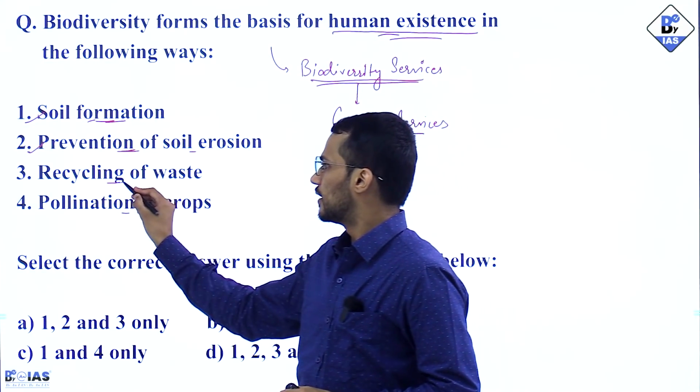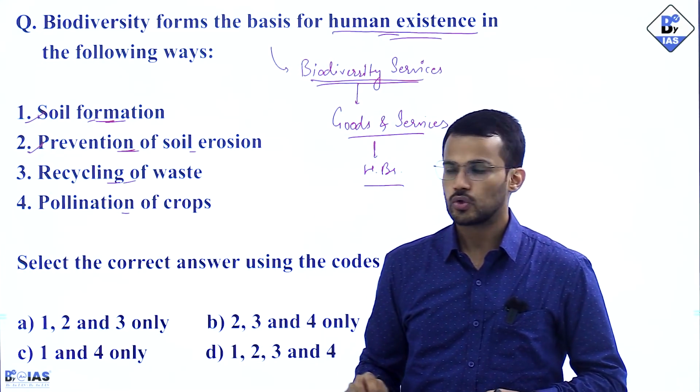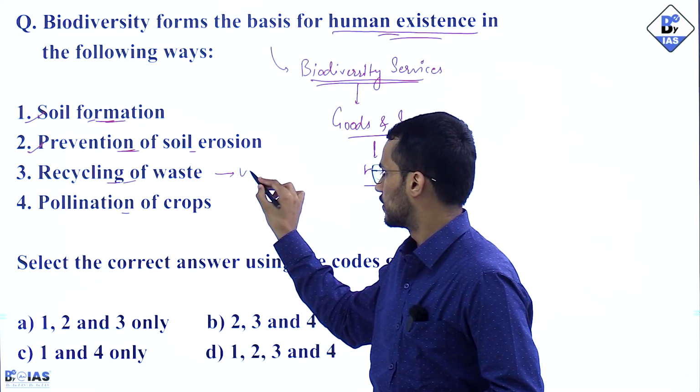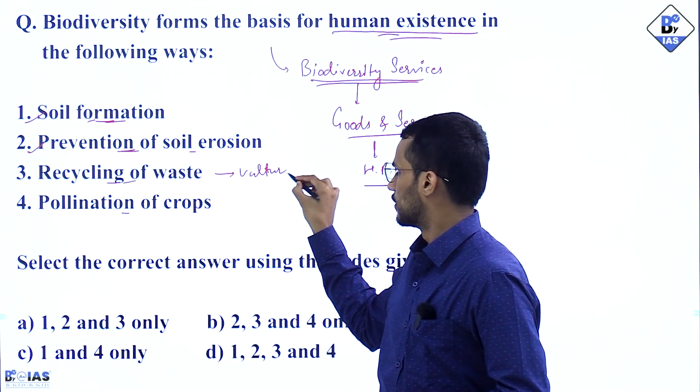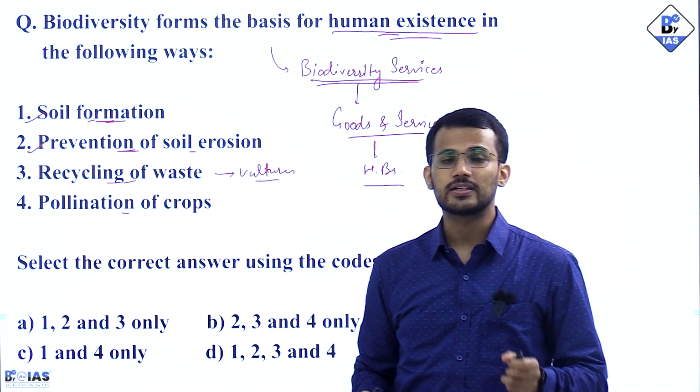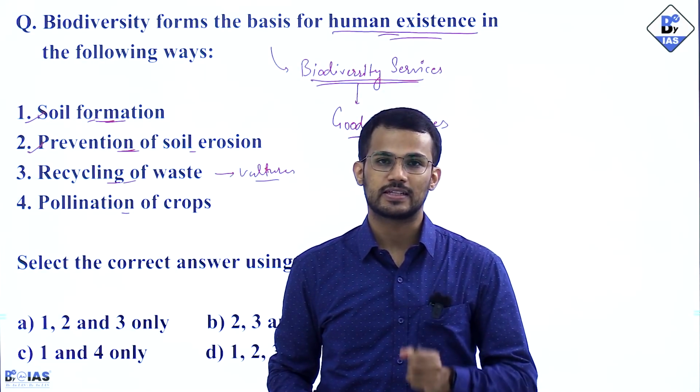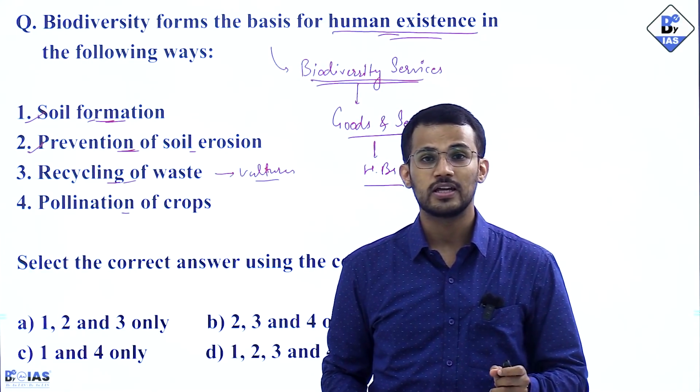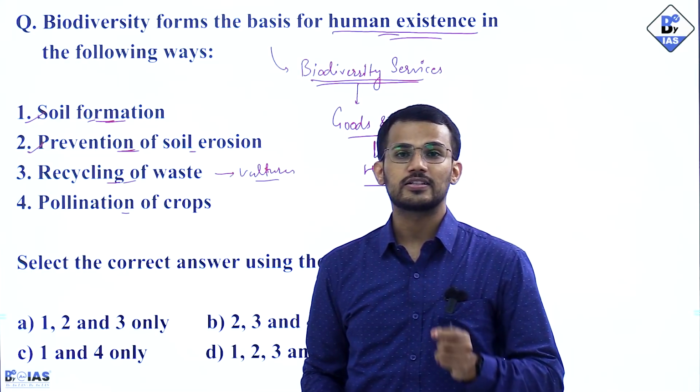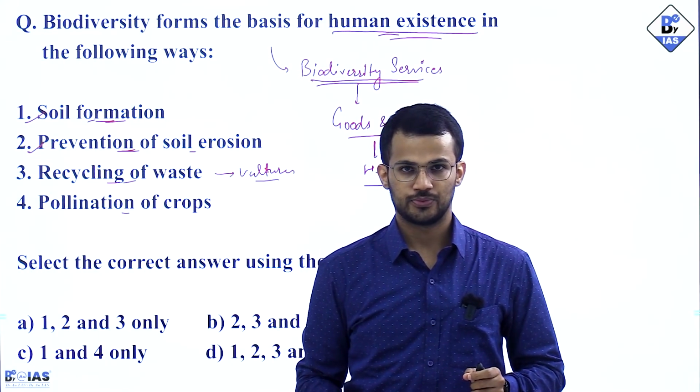Third is recycling of waste. So we know that, let's say, vultures are considered the best scavengers in nature, because they clear the carcasses of animals.